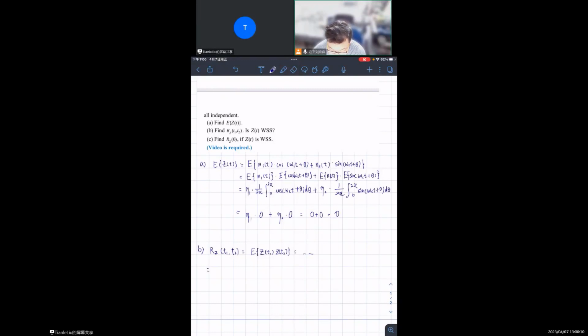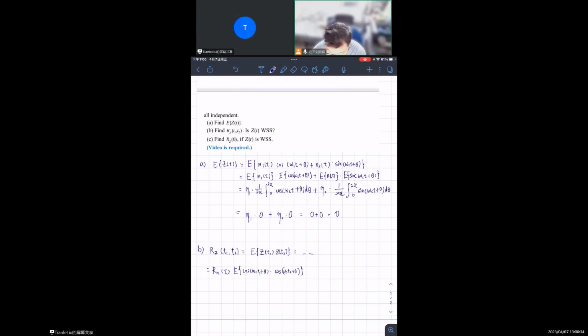We can translate it into R_N1 multiplied by the expected value of cosine(omega_c t1 plus theta) cosine(omega_c t2 plus theta).